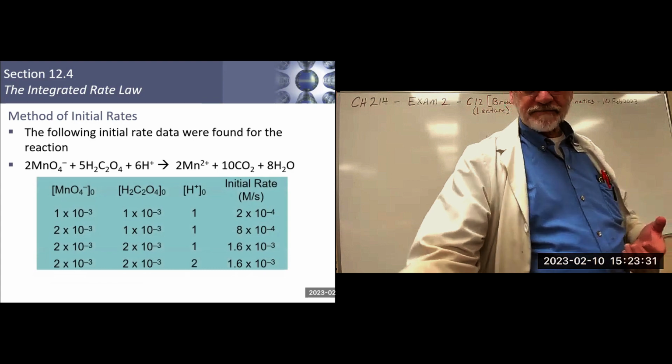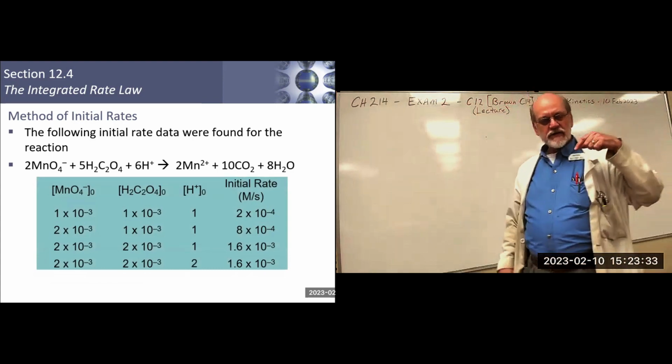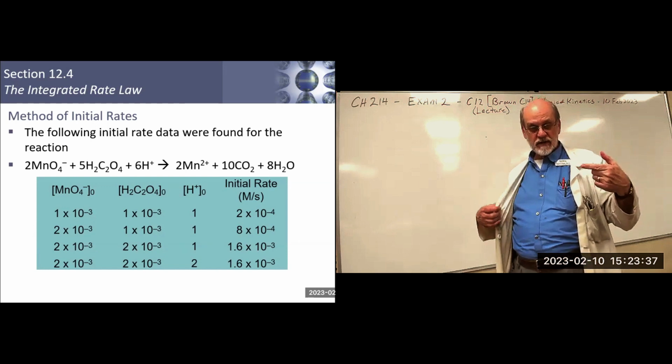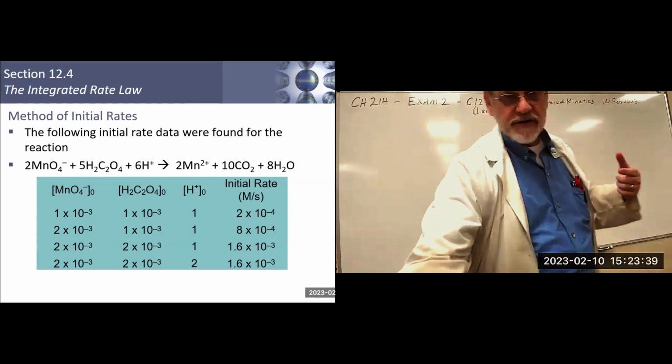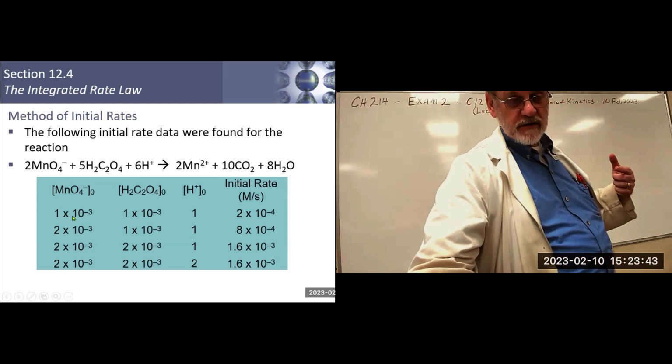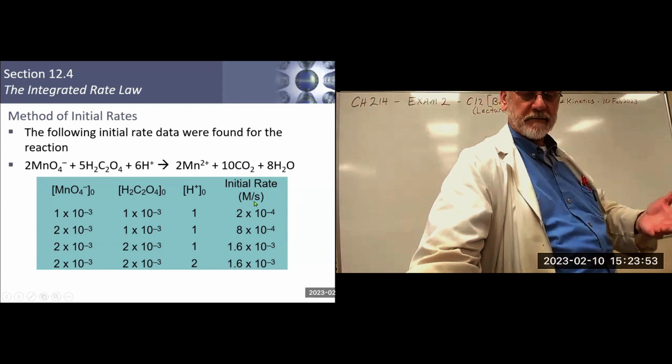What we do is we conduct separate rate experiments. And notice that we'll do the first one at these molar concentrations for each one, right here, and determine the molar rate of the reaction as 2 times 10 to the minus 4th for the first one.